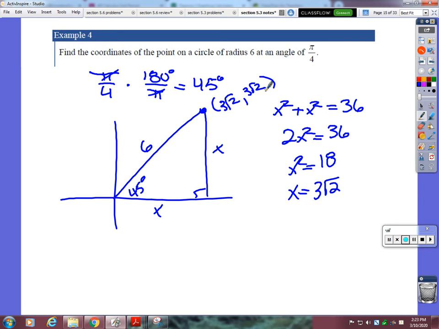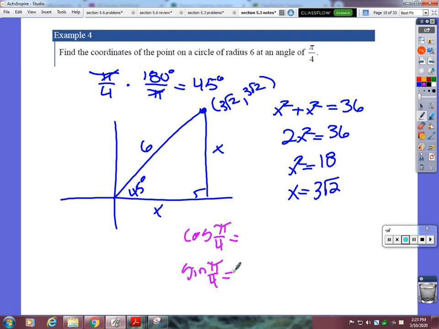Okay? So now, I don't know if this is going to be like the next slide or not, but because of this, I can now figure out, without using a calculator, if you use a calculator on a quiz or a test for a problem like this, I will mark it wrong, because all you're doing is just typing it into the calculator, and also the calculator is giving you an approximate answer.